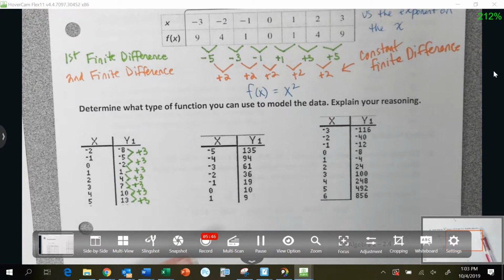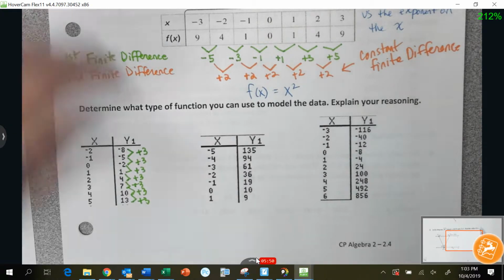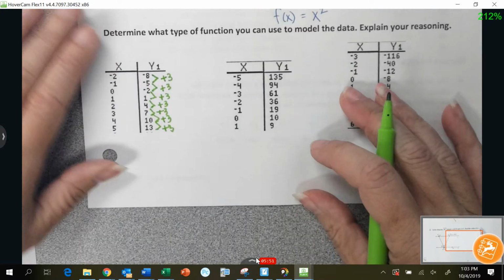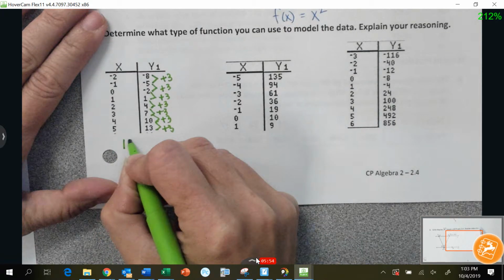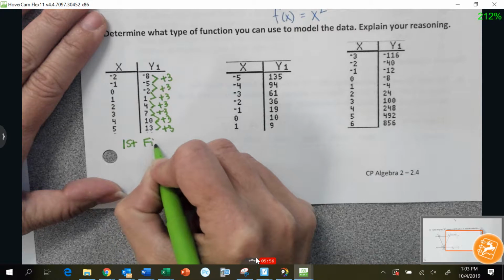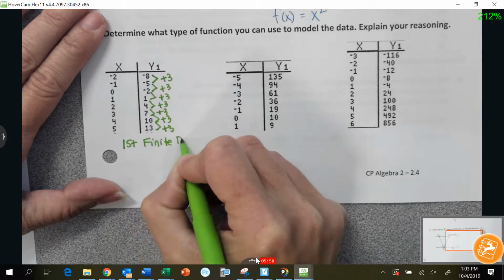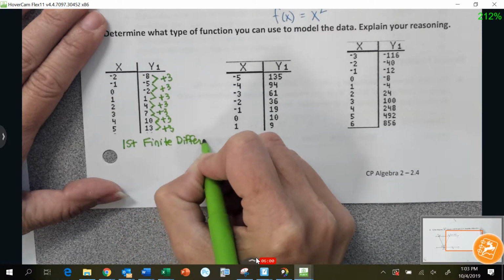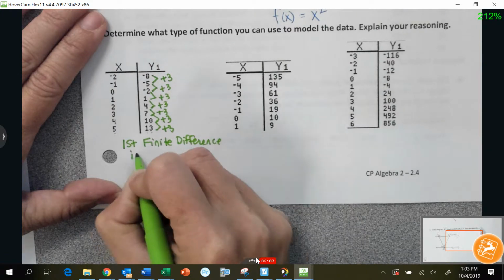Do we have constant differences? Okay. So the first finite difference is constant. I'm going to write that. First finite difference is constant.